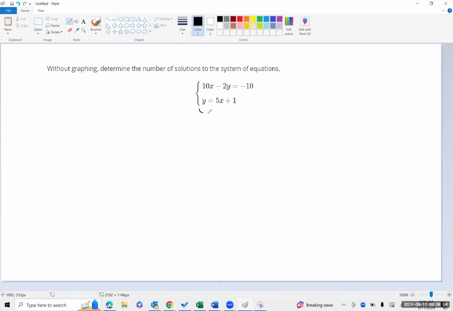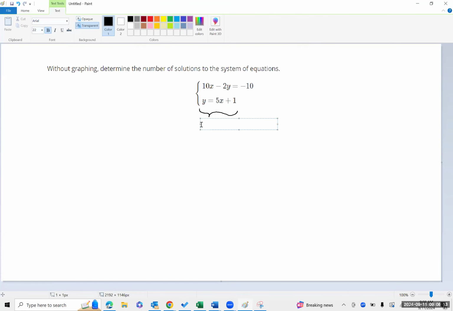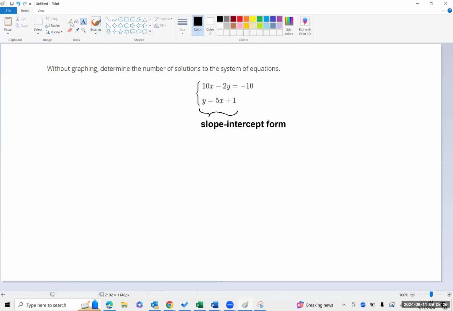This equation here is in what by now I think we know is slope-intercept form. And the reason it's called that is because you can take a look at this one and we'll write it down here.